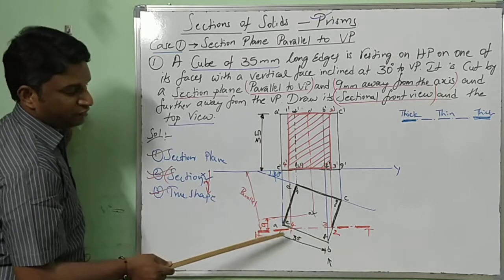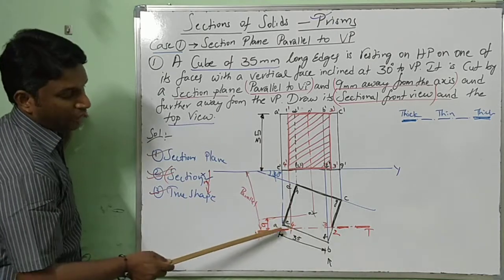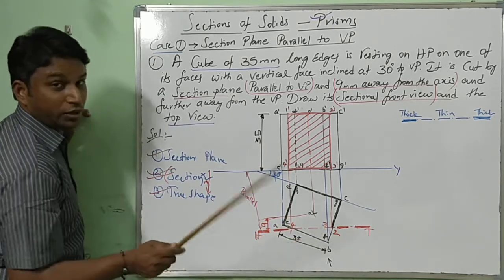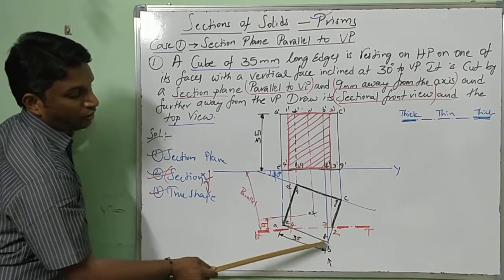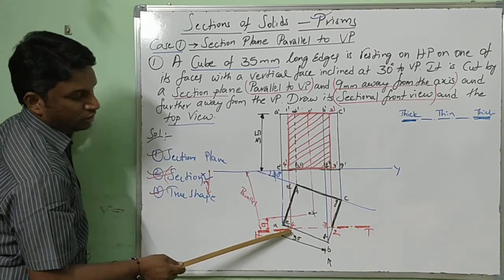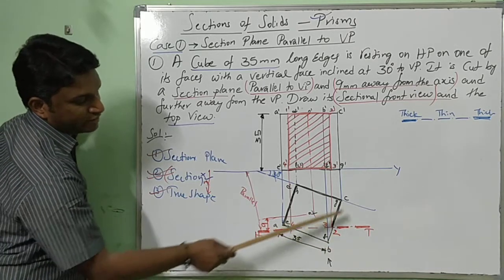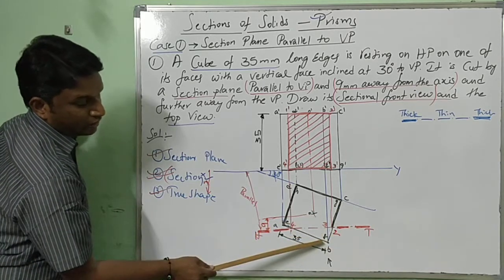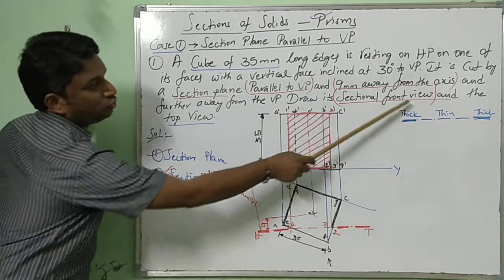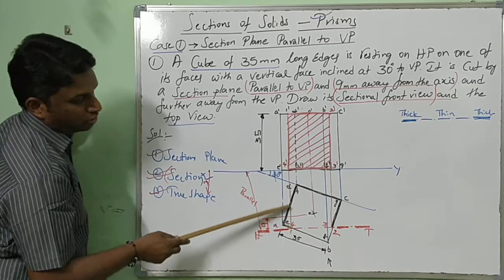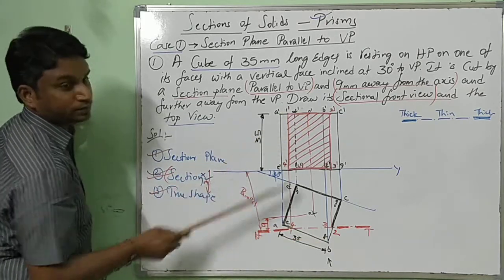For the concerned front view, it will be drawn by plotting or denoting the points 1, 2, 3, 4 for its vertical faces: 1 on AB, 2 on BC, 3 on FG, 4 on EF. From here to its sectional front view, draw vertical lines.